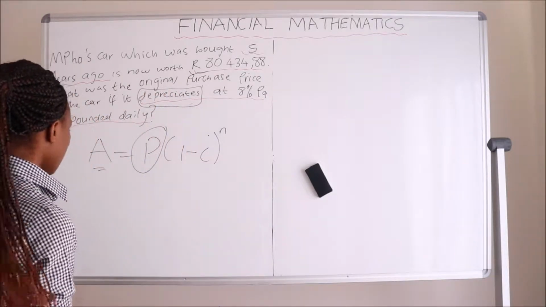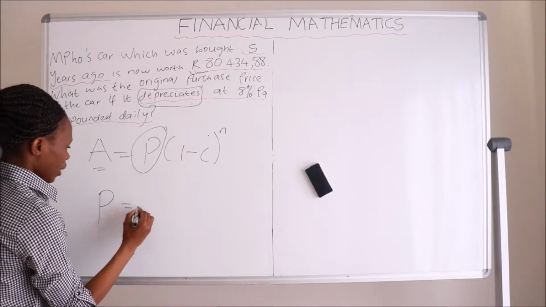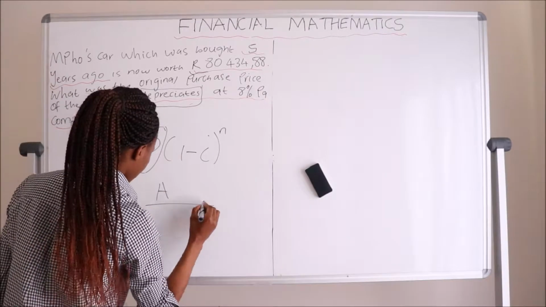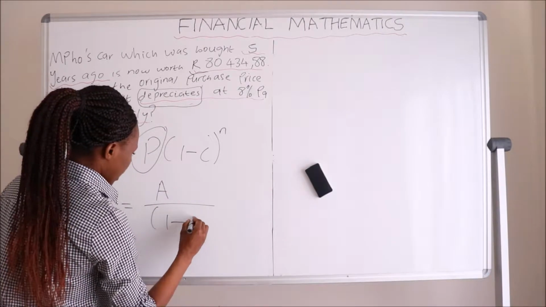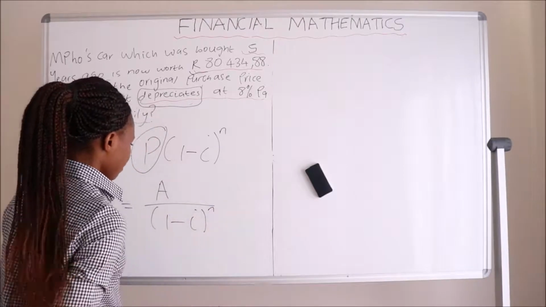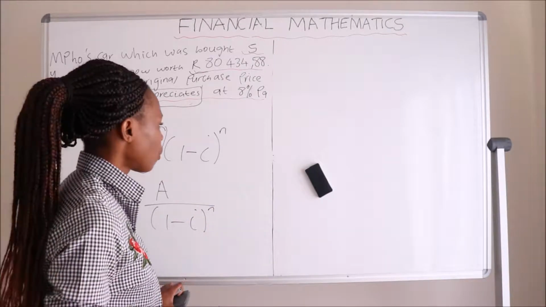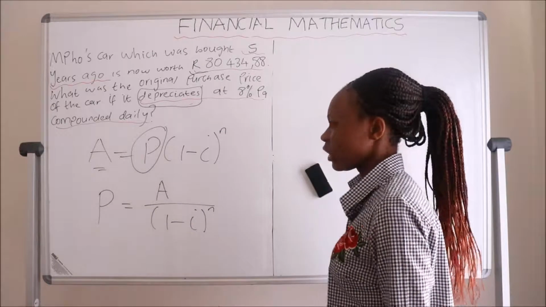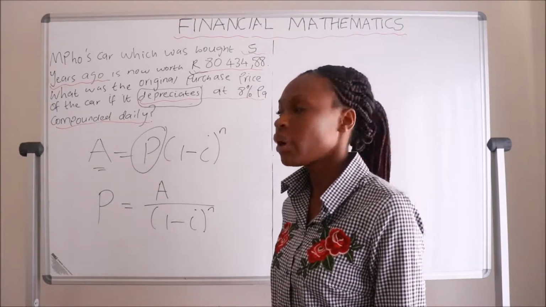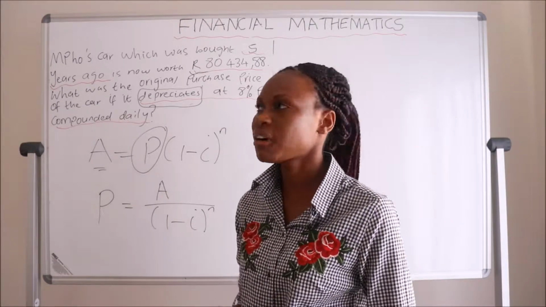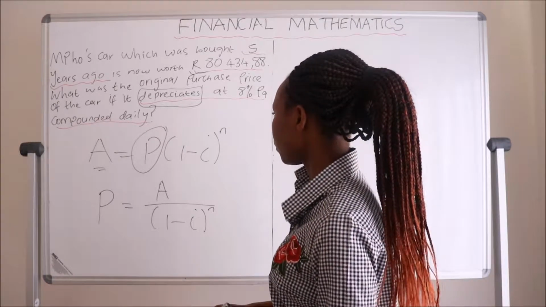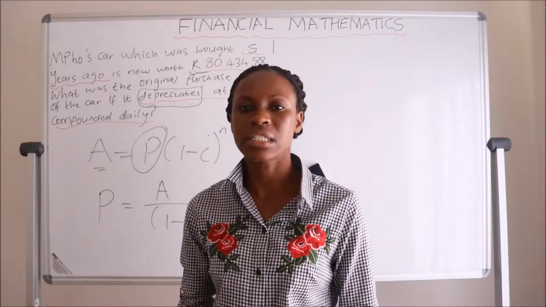Making P the subject of the formula, P is equal to A divided by (1 minus I) to the exponent of n. Because the interest rate is compounded daily, we divide by 365 and multiply the period by 365.